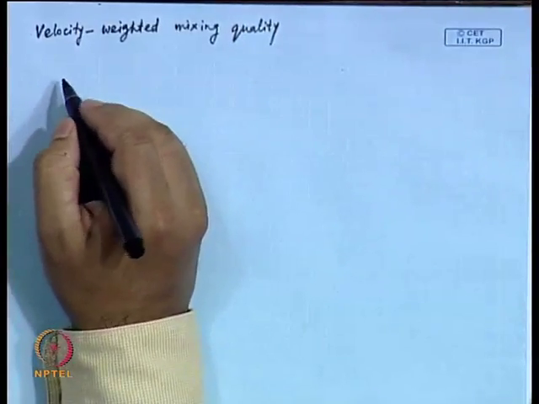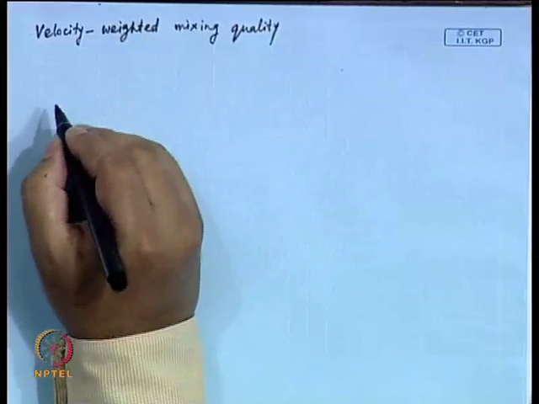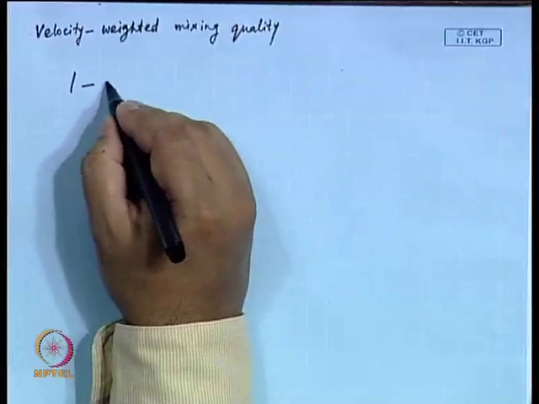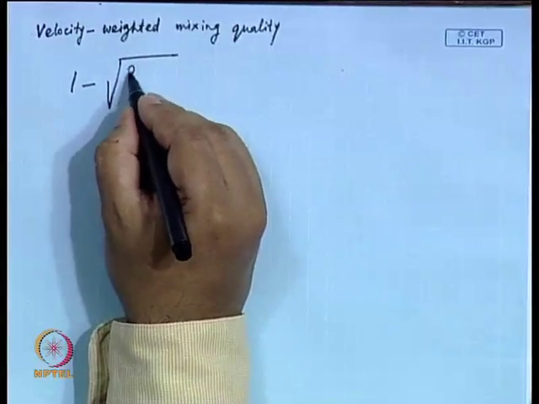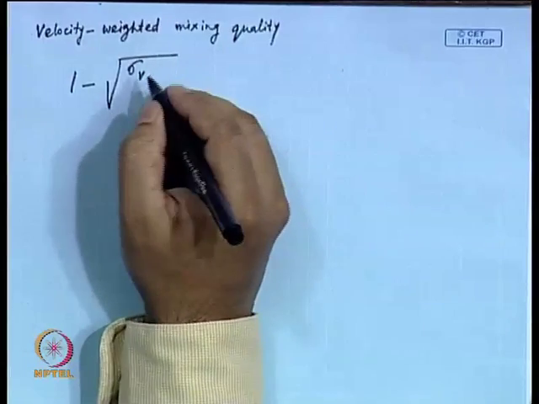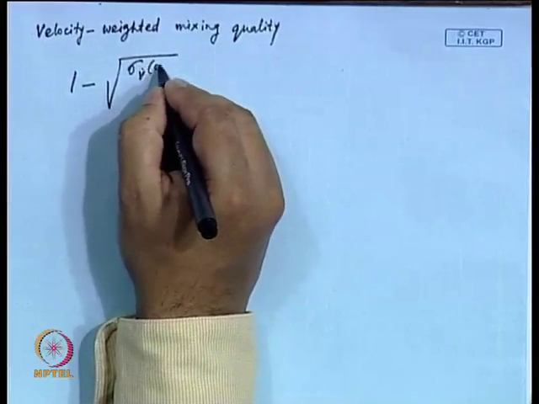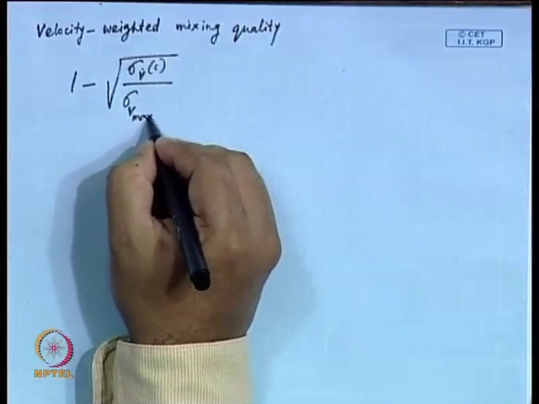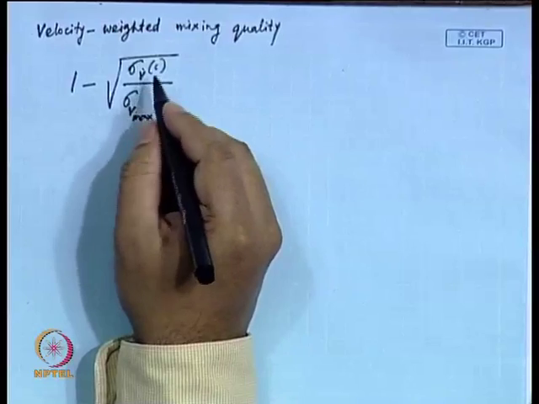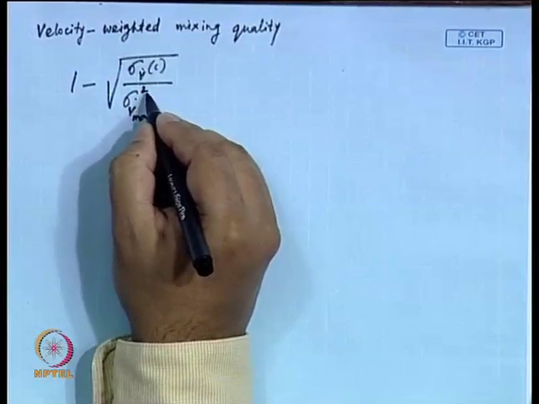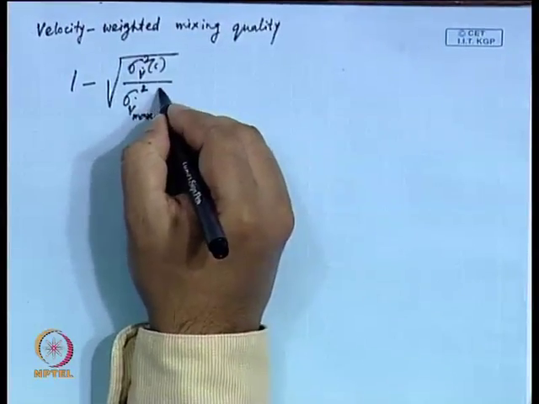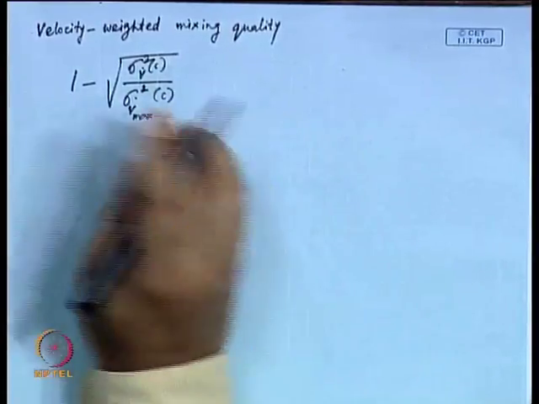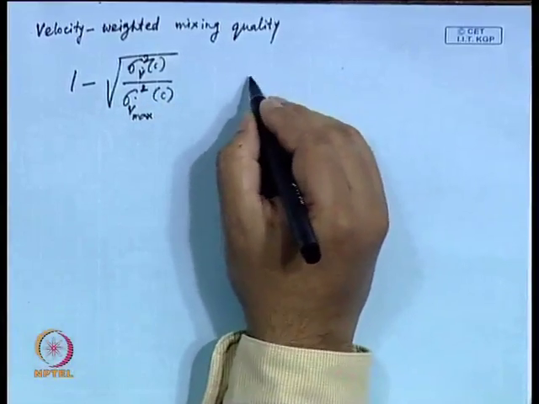Velocity weighted mixing quality is defined as 1 minus square root of sigma v dot c. I am just giving you some feel for it. These are all open for further research. You can have a better way of representing it if you want. I can only give you some links, some directions.